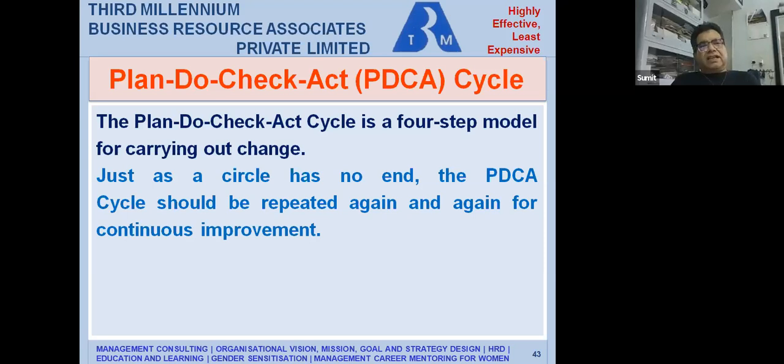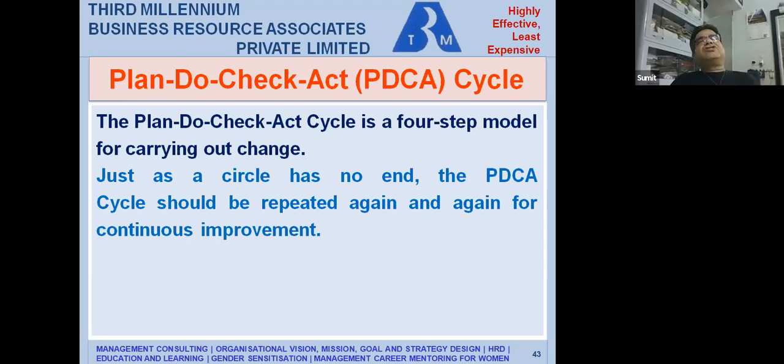Because as we have dealt with 2 concepts of Kaizen, which is the Japanese concept of continuous improvement, and the BPR, which is the Western concept of bringing about revolutionary changes, business process reengineering. Now, as they say, improvement is a journey. It is never a destination.